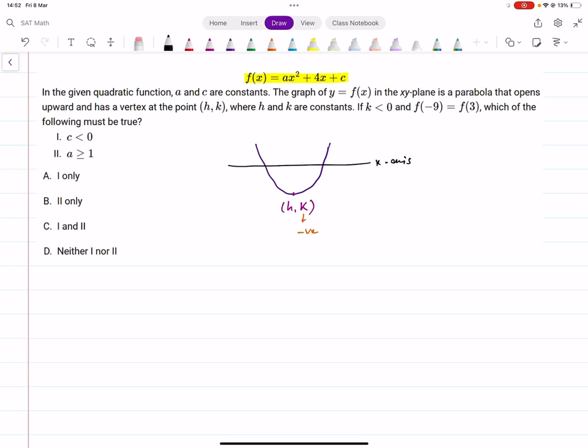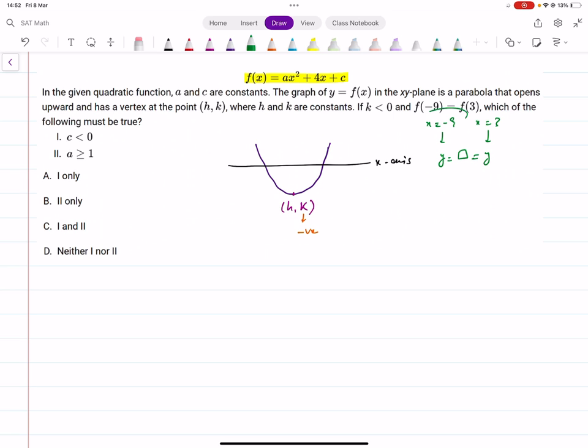And we're also given that f of -9 equals f of 3. Now, using that, we can figure out the turning point of this function, because if f of -9 equals f of 3, that means the y value when x equals -9 and when x equals 3, both give us the same y value.